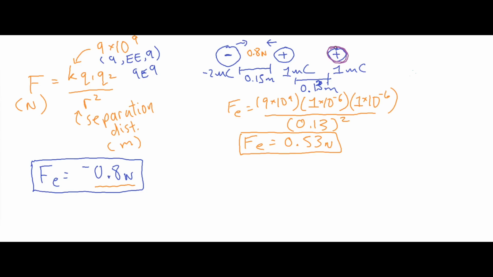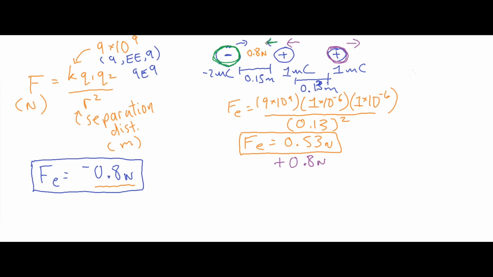positive purple charge is going to push this one away, and then this one's going to get pushed back some. So if we're just analyzing the middle particle, what you would do is take this number and add this one to it, because we'll say this is the green negative particle.